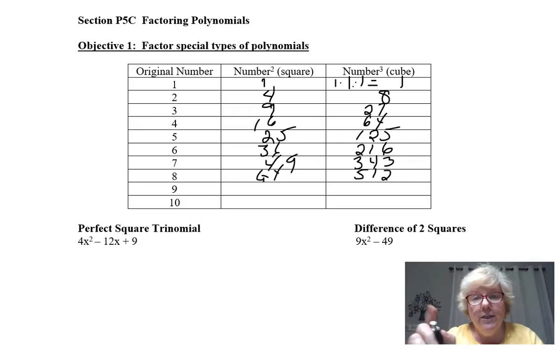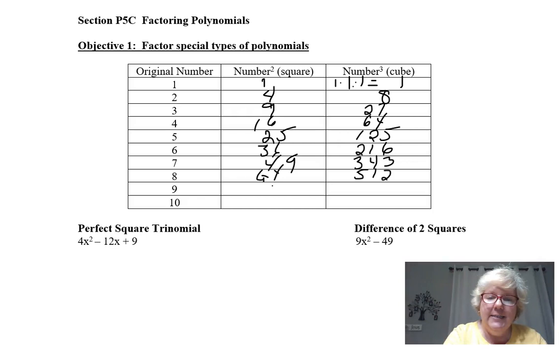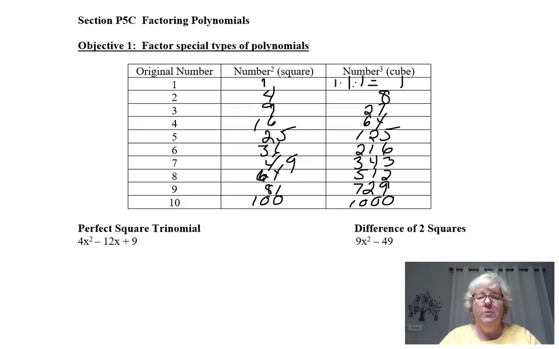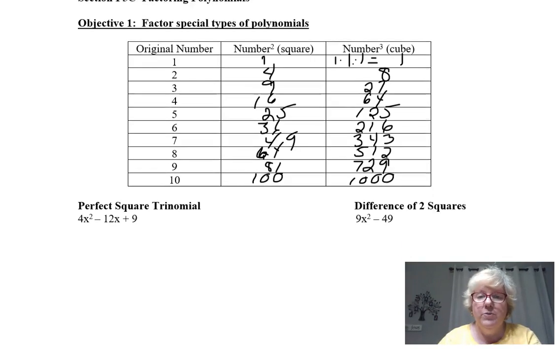Now this chart's going to come in useful here in a moment. 9 squared is 81, and 9 cubed is 729. 10 squared is 100, and 10 cubed is 1000. Now you can use this number chart to help you as we factor perfect squares and perfect cubes.